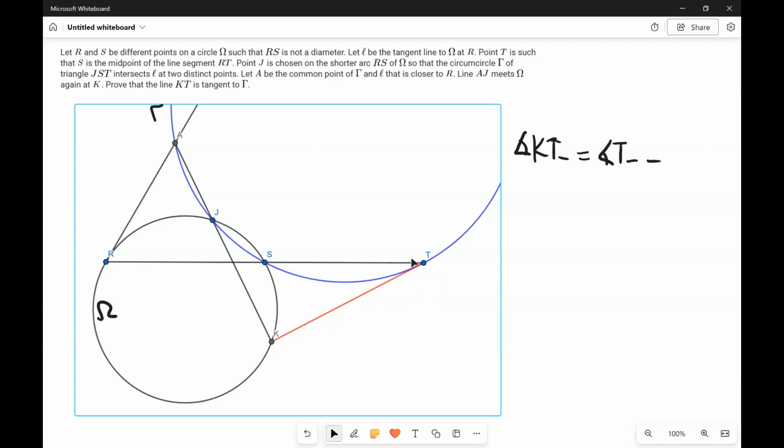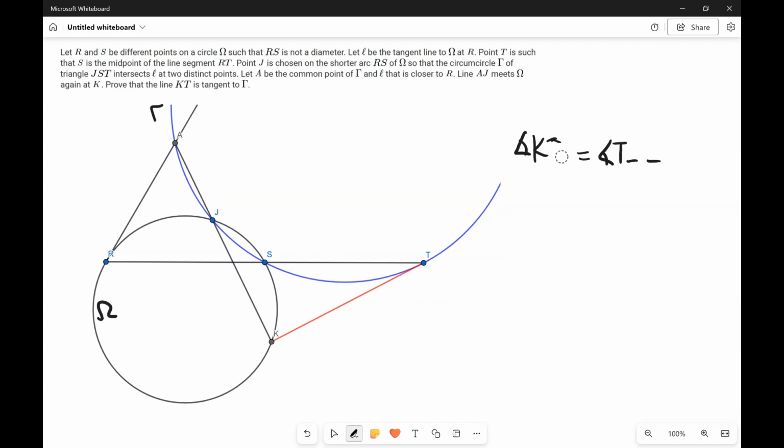Well, if it were S, then KTS works nicely because S lies on RT, but angle TAS or TJS don't work out particularly well. So let's not try S. What about point J? Then angle KTJ doesn't work out nicely because TJ is not really in our diagram. So that leaves A.